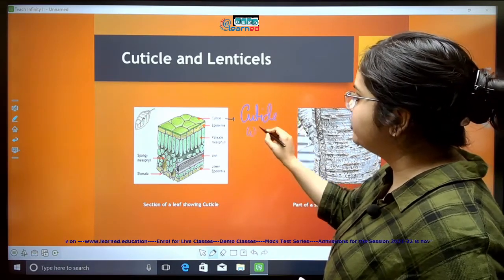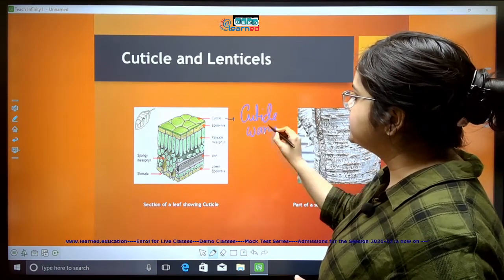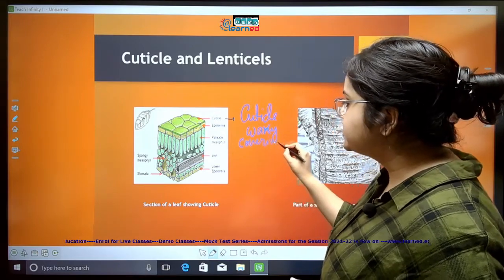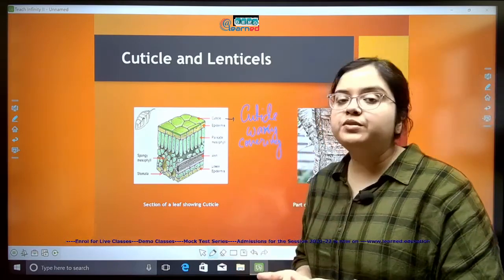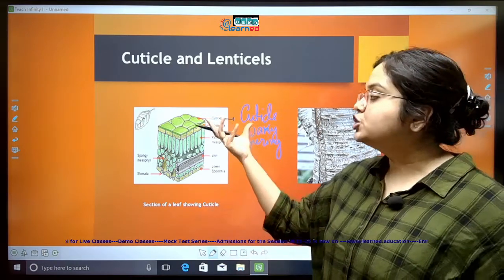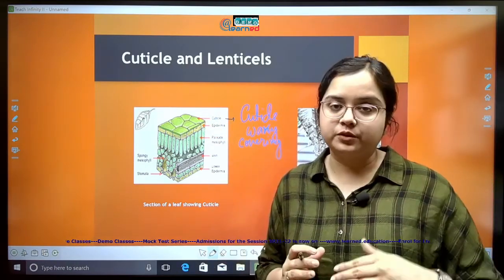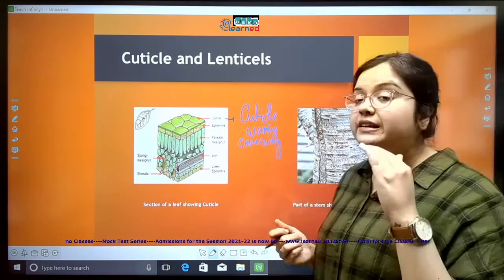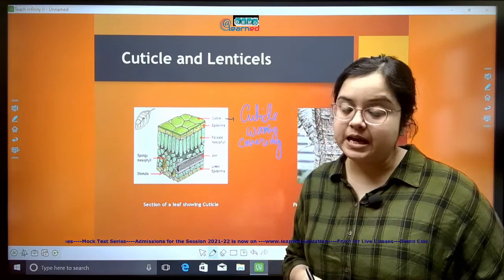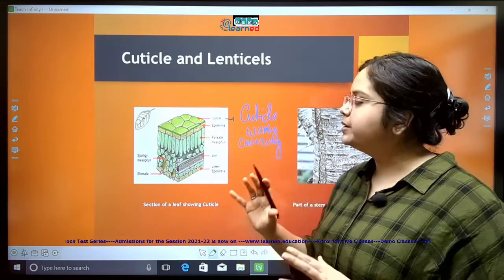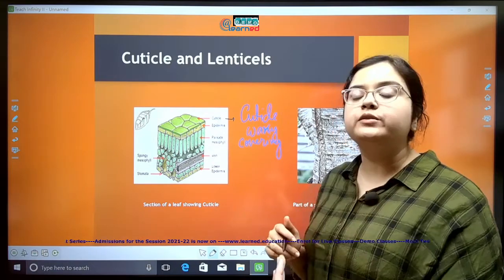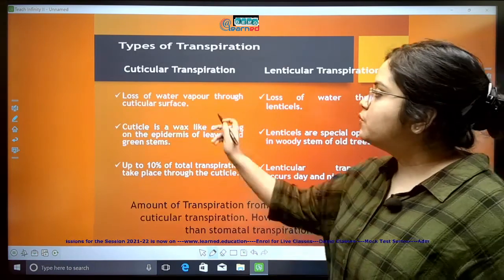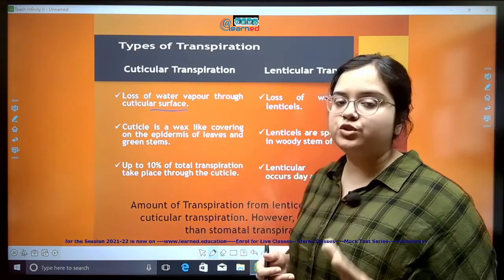A waxy covering on the surface of the leaves, which will stop or reduce excessive loss of water, right? And if the cuticle is very thick, then loss of water will not take place. But if the cuticle is thin and moderate, then water can evaporate out, and that is known as cuticular transpiration.